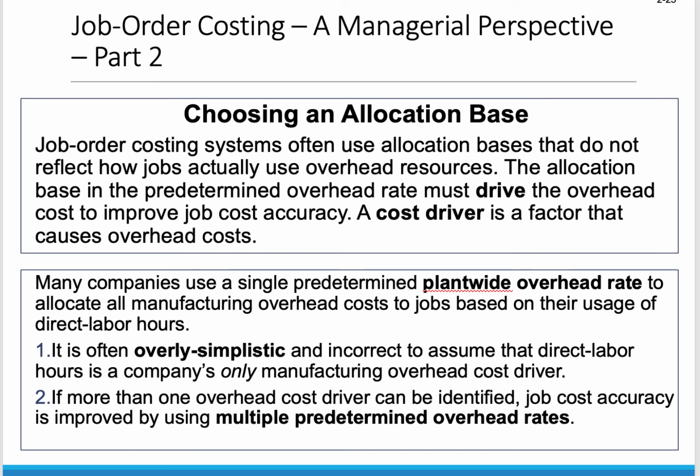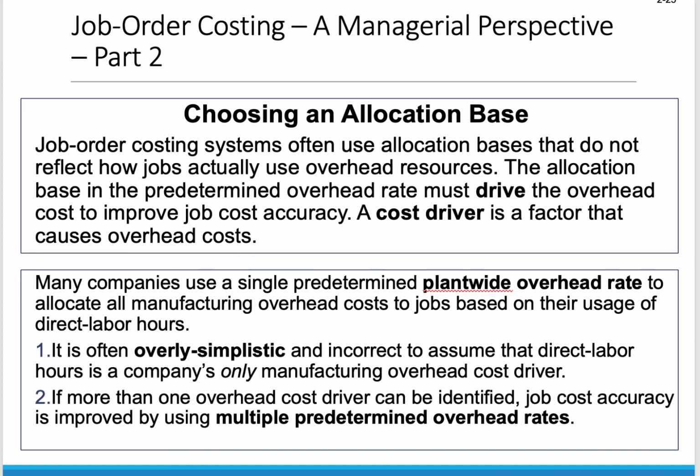We already talked about choosing the allocation base. Very simple: we need to pick an allocation base that drives the overhead cost, meaning what incurs that cost. So if indirect labor causes manufacturing overhead to increase, then we should use direct labor hours as our allocation base.